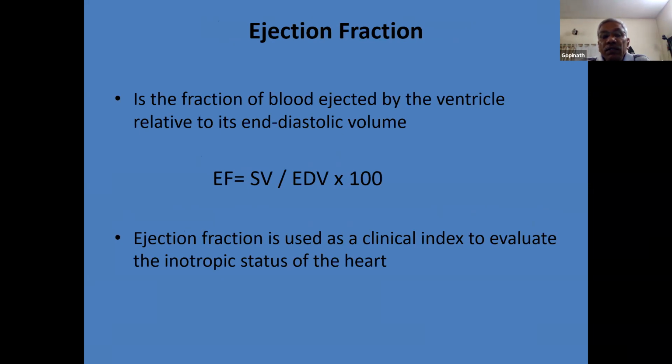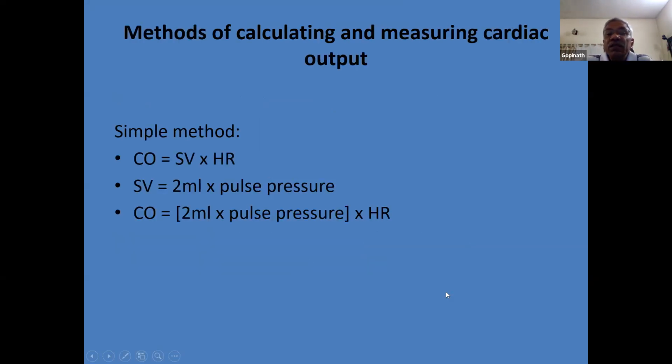We have already determined the fraction of blood ejected is the stroke volume. So stroke volume by the end-diastolic volume, into 100, or in terms of percentage, is what is given as the ejection fraction. And this we use as a clinical index to evaluate the inotropic status of the myocardium or the heart. So there are various methods of calculating and measuring cardiac output.